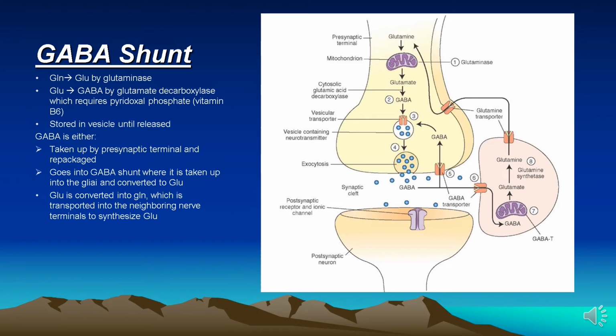As you see, glutamine is deaminated and converted to glutamate, then glutamate decarboxylase converts it to GABA. Then it is packaged into vesicles, and the vesicles diffuse and GABA is released.